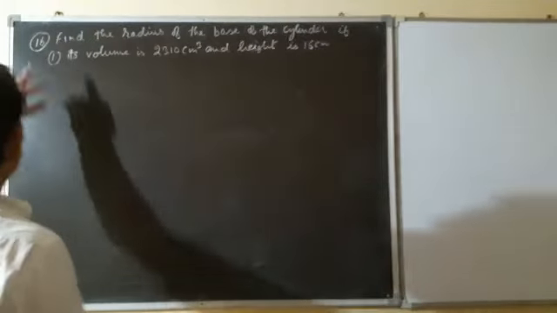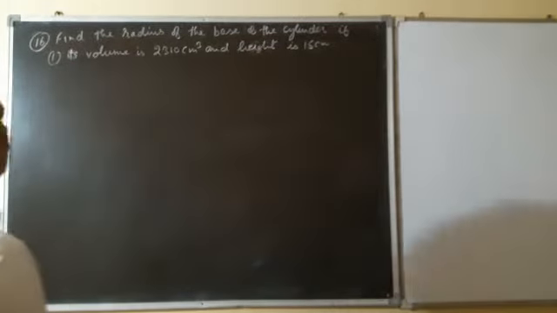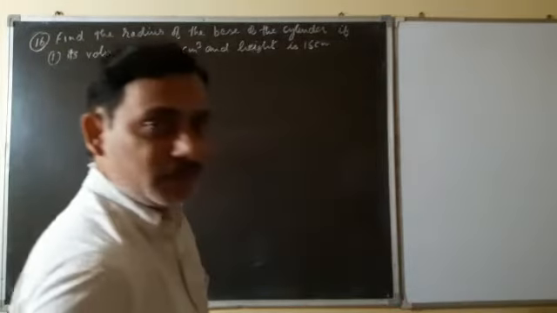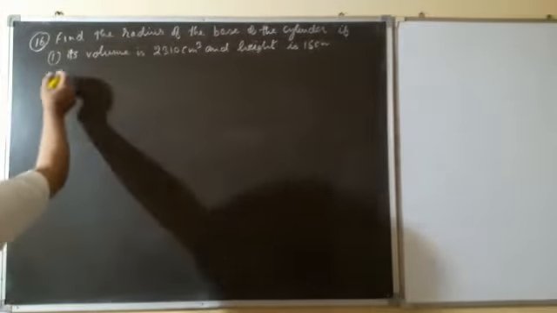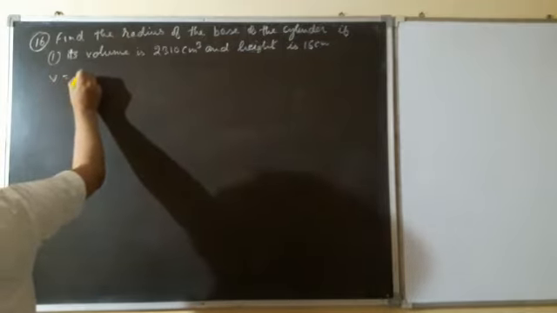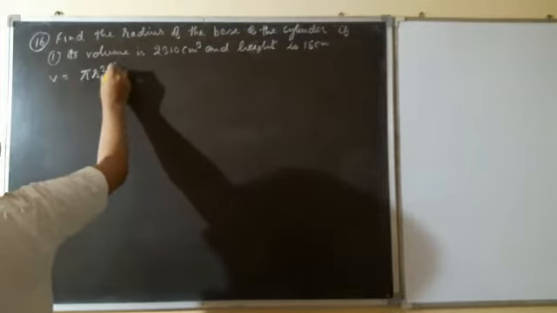Now we will see the next question number 16. Find the radius of the base of the cylinder if its volume is 2310 centimeter cube and height is 15 centimeter given. So let us find out the radius. As we know, volume of a cylinder is pi r square h.